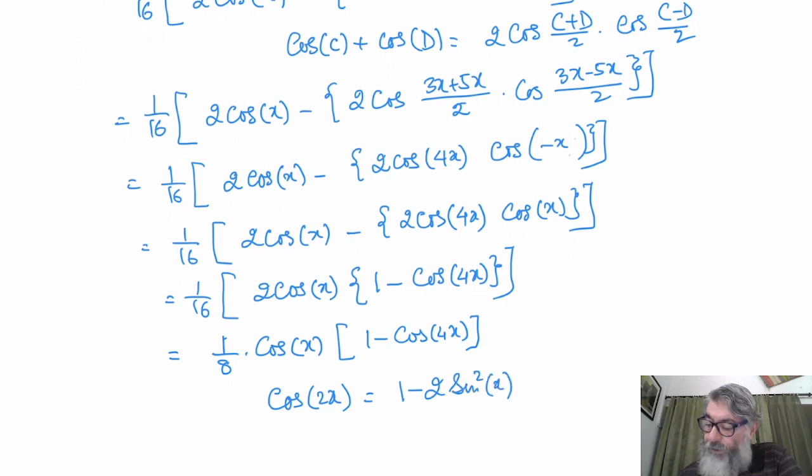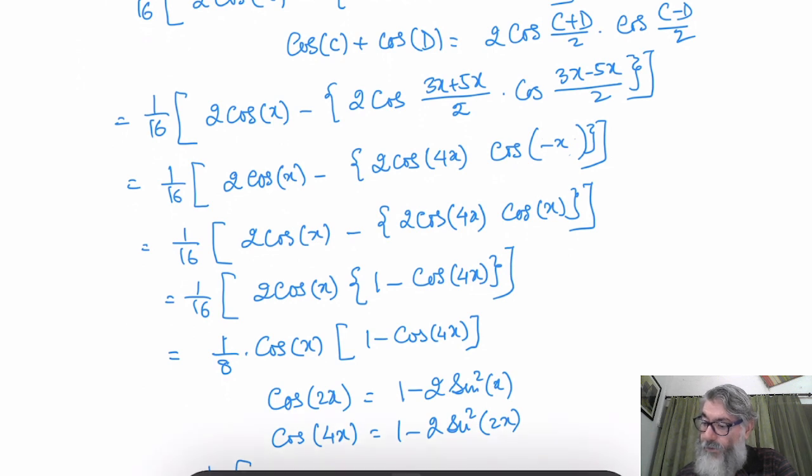So what we'll do is we'll write 1 upon 8 cos x, and inside I'll write 1 minus, which will become plus 2 sine square 2x.